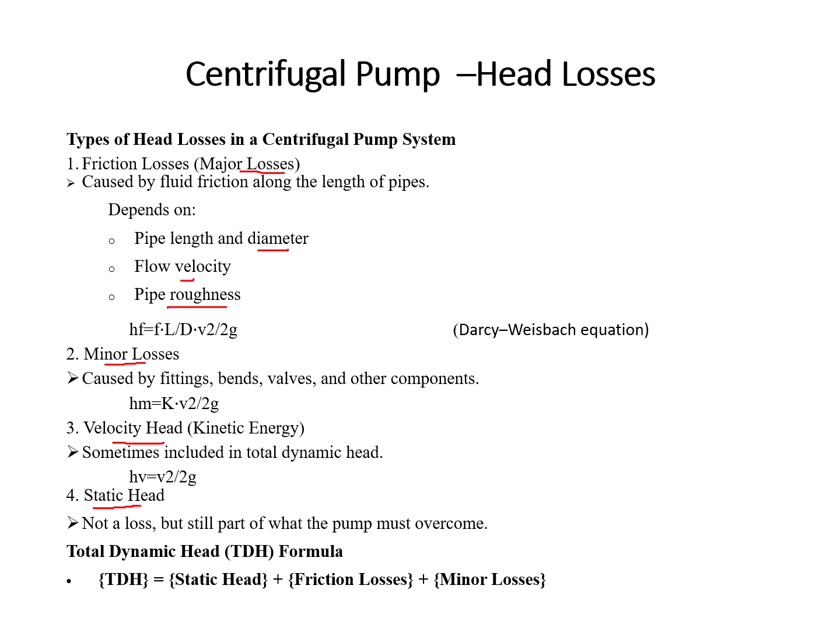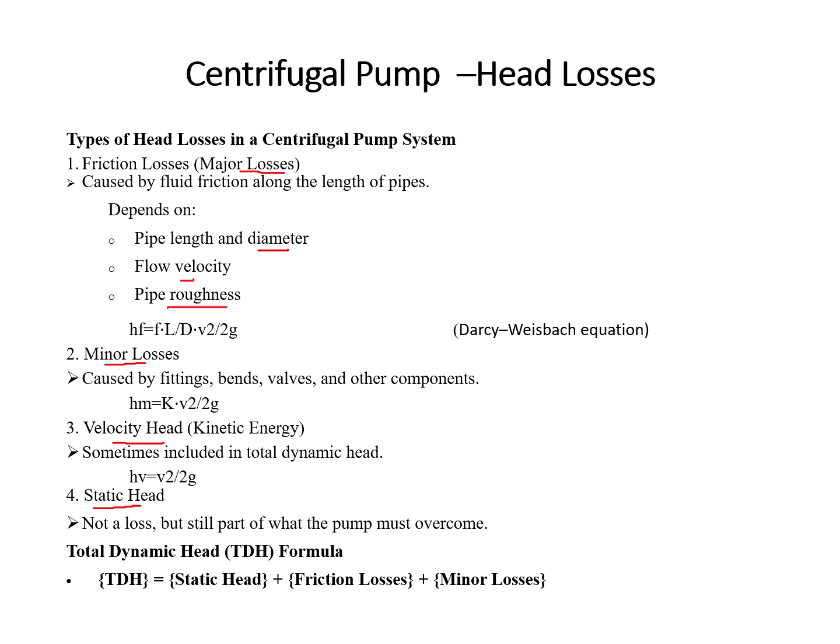The third head loss is the velocity head. Velocity is related to motion, which is the kinetic energy. Sometimes we include it in the total dynamic head. And the velocity head is simply V squared over 2G.